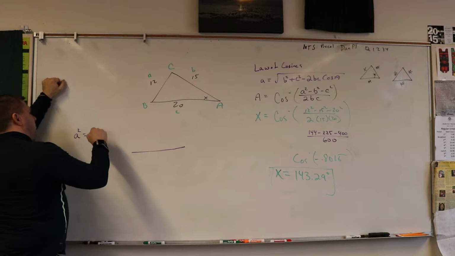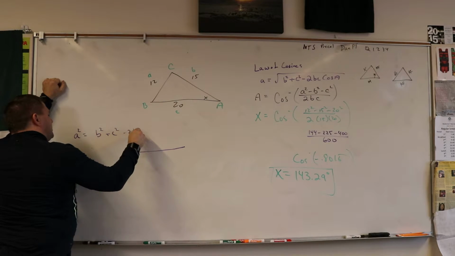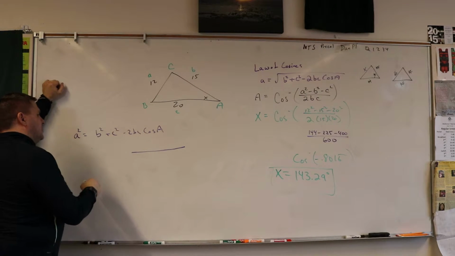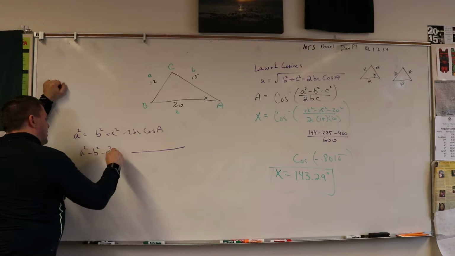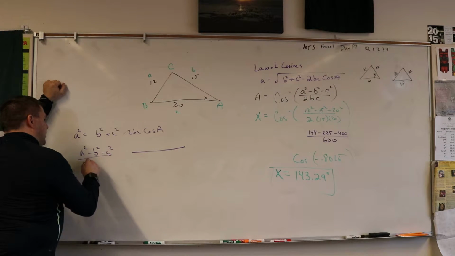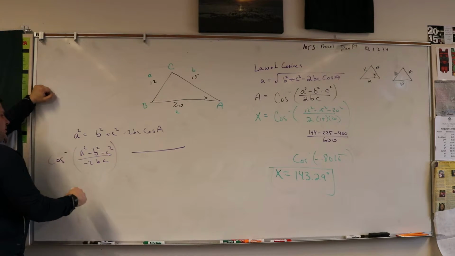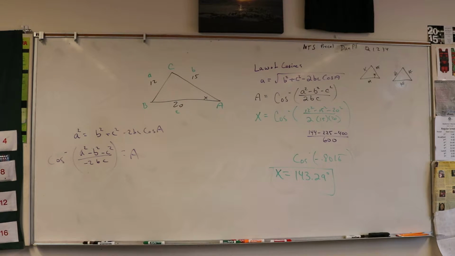A squared is equal to B squared plus C squared minus 2BC cosine A. A squared minus B squared minus C squared divided by negative 2BC, cosine inverse is equal to A. That's what I have, right?